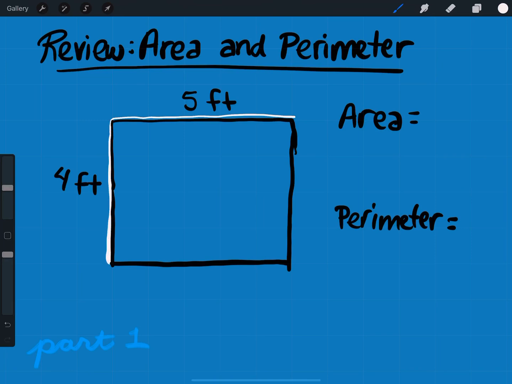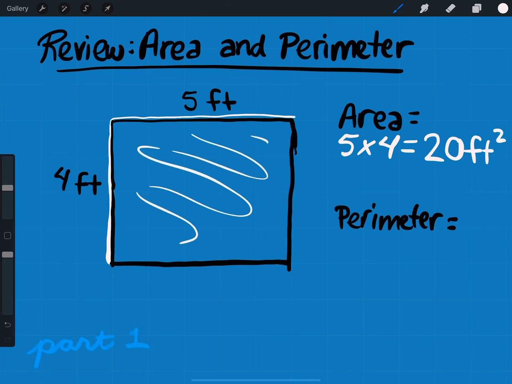So to find the area, we'll multiply the length and width. 5 times 4 equals 20, and it's feet, so I'll add feet squared. So this center area, we have 20 square feet.